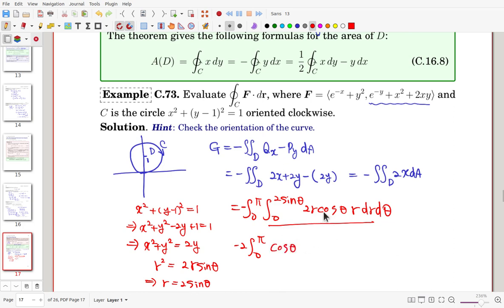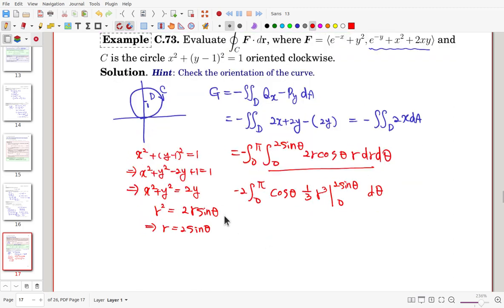The remaining part is r squared, whose antiderivative is 1/3 r cubed, with r moving from 0 to 2 sine theta, and we have the d theta here.